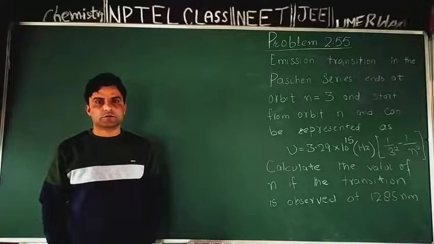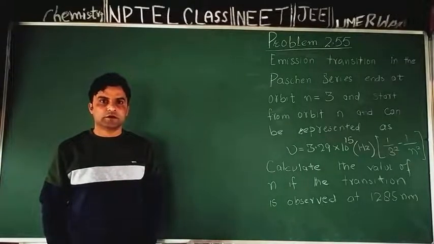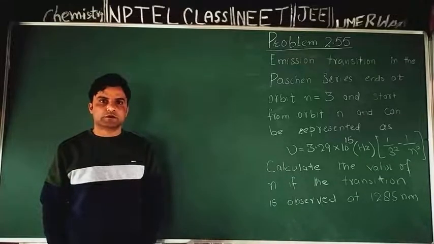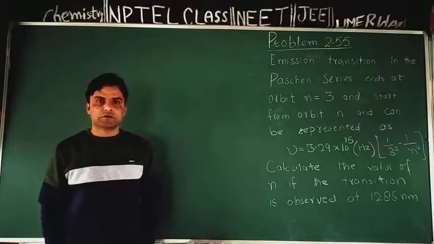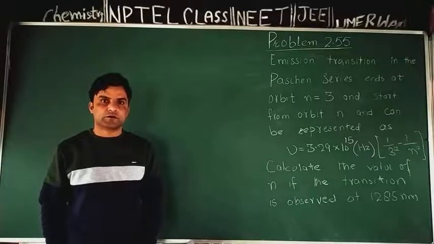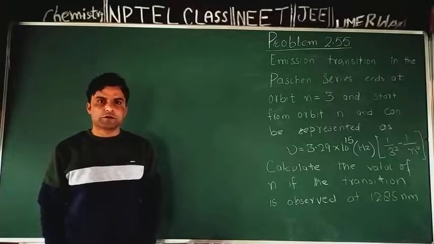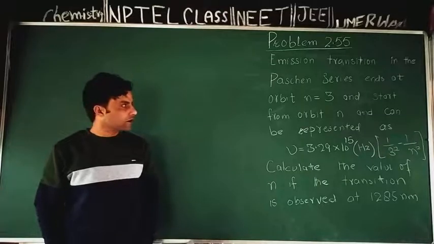Today I am here to solve chemistry class 11th NCERT problem 2.55 from unit 2nd, that is structure of atom. In the problem it is mentioned that emission transition occurs in Paschen series, and during this emission transition electron is returning from higher energy orbit n to lower energy orbit n is equal to 3.